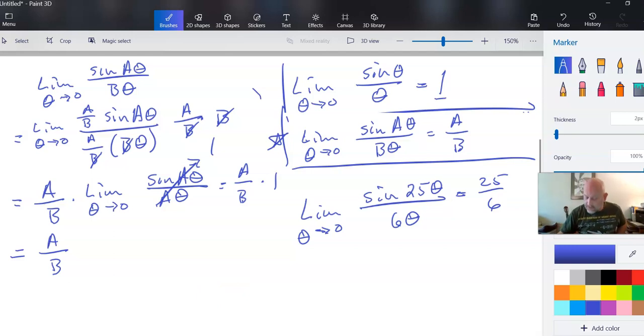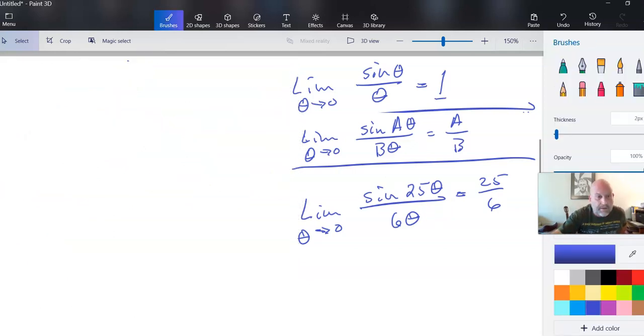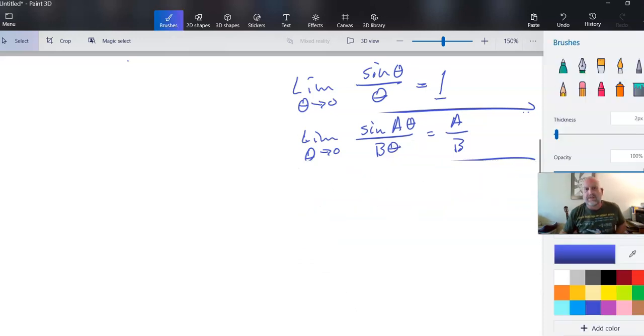Okay, so let's go ahead and take a look at another. There it is. Okay, so we have two results up here, both very useful results.